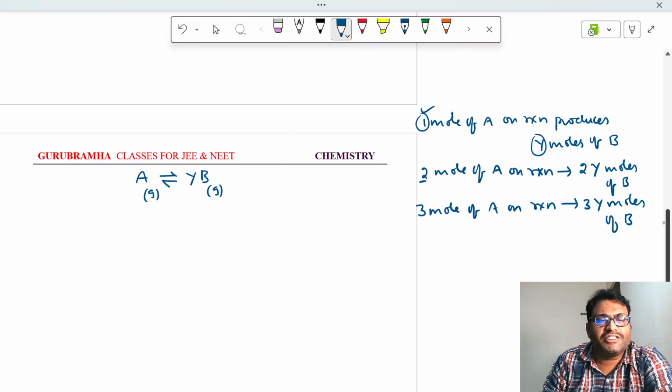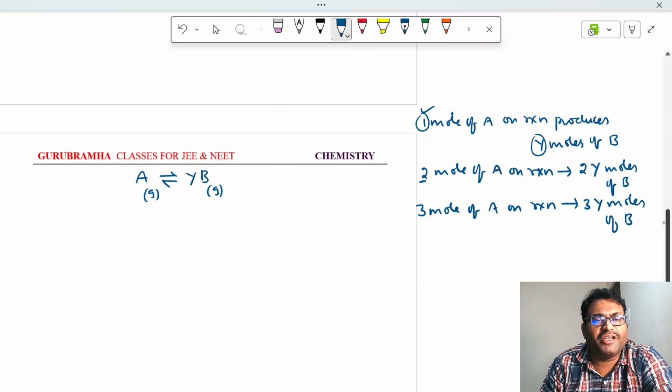So this point is important: 1 mole of A is producing Y moles of B.